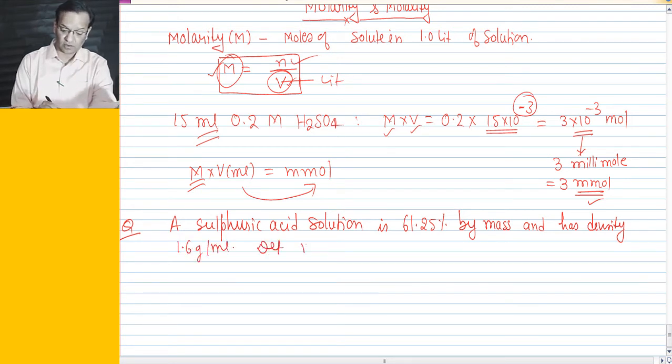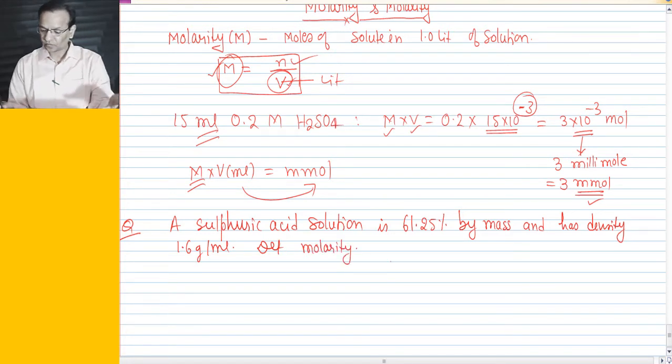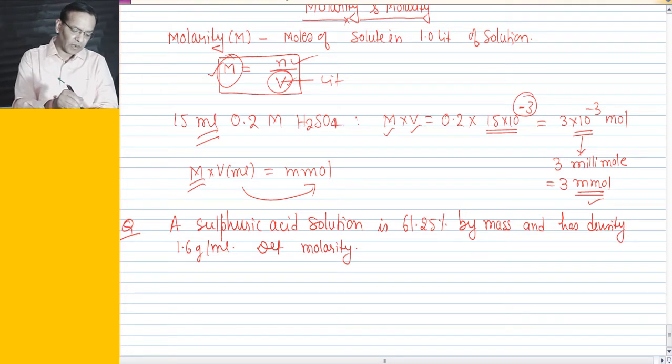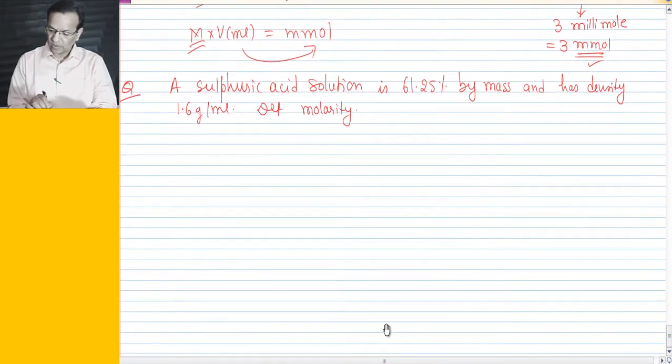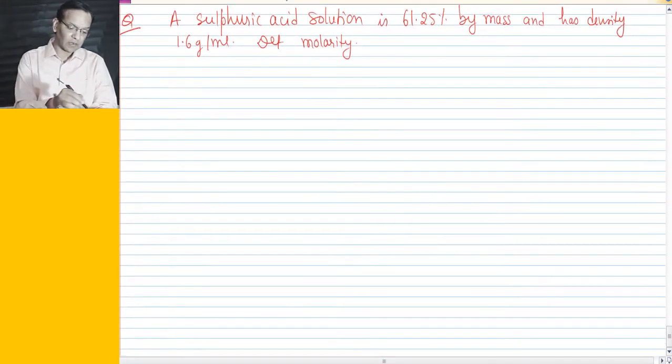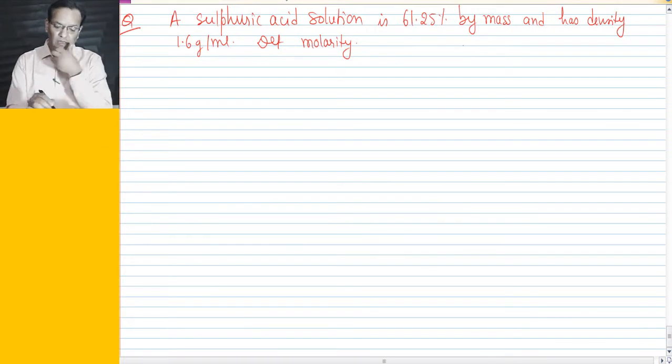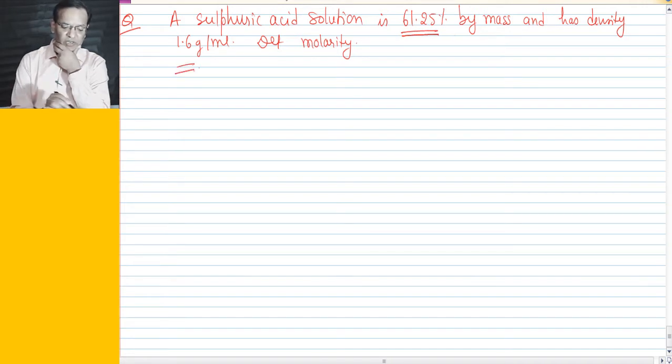Determine molarity. So what we have been given? We have been given percentage by mass of solute and density, and we want to know molarity.